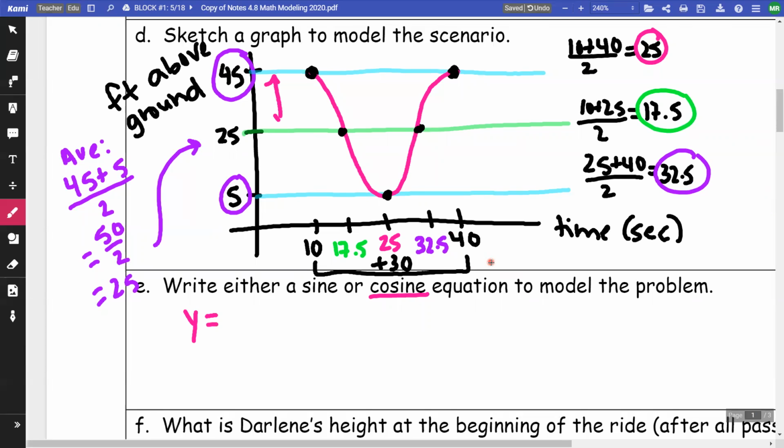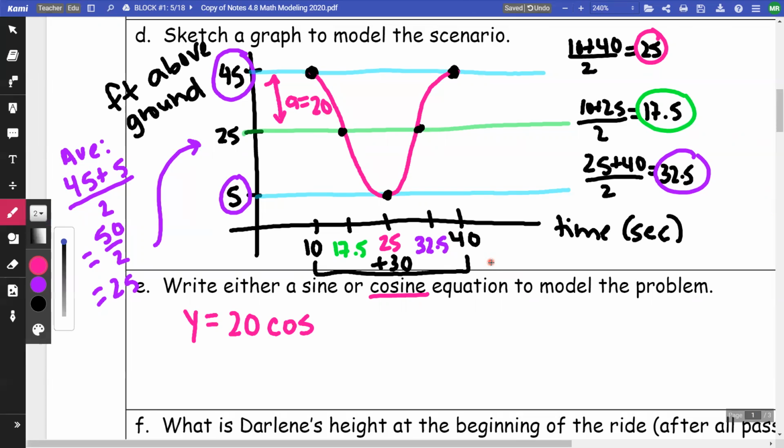It's the distance from here to here, and that is 20. So I'm going to have 20, and it's going to be a positive 20 because I'm starting at my high. And I said I'm going to do cosine. Now to figure out my b, I need to remember my period, and my period was the 30 that I added on here. Remember, I added on that 30.